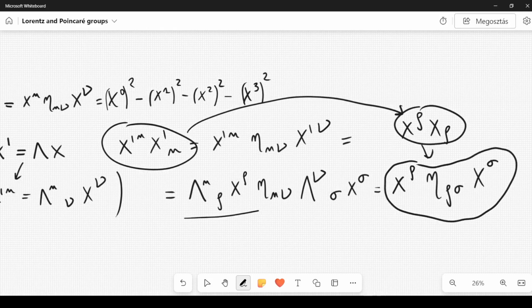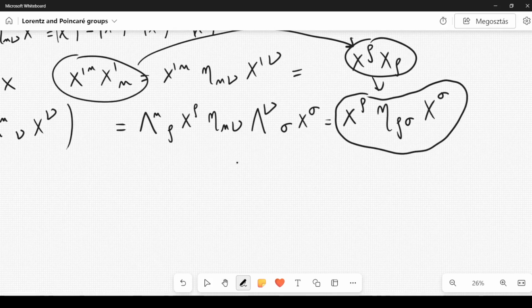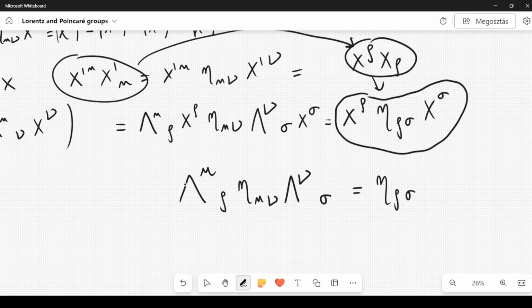So if we impose this relation, we find the property that Lorentz transformations should satisfy, and the property is the following: Λ^μ_ρ η_μν Λ^ν_σ must be equal to η_ρσ.